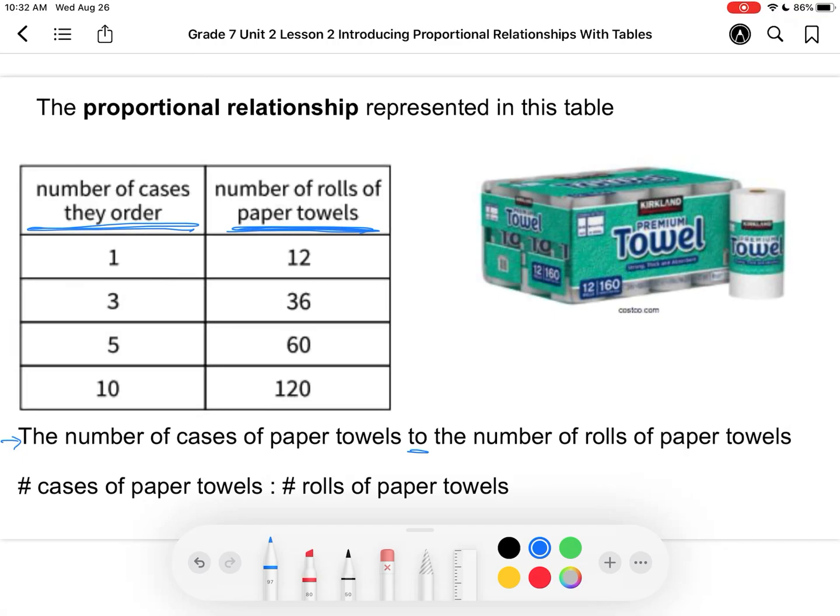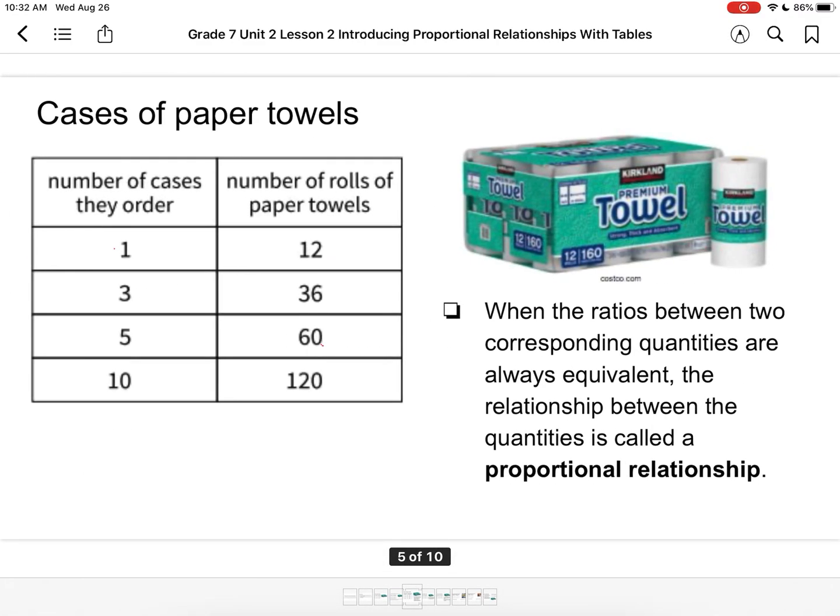And I can write it shorter by using this hashtag, number of cases of paper towels, and using a colon for "to", the number of rolls of paper towels. So that's the proportional relationship represented in this table.